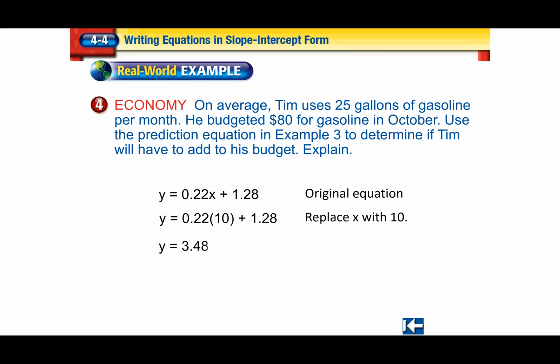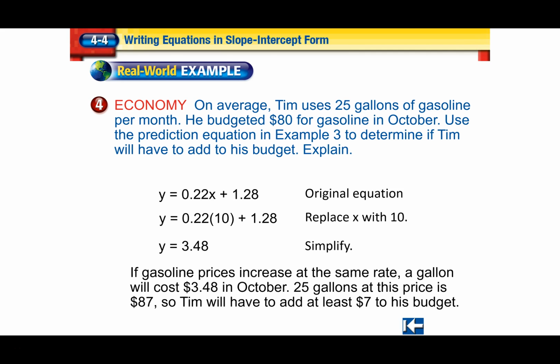So we put 10 in. Simplify that out, so $3.48. So if gas increases at the same rate, a gallon of gas costs $3.48. 25 gallons at this price would be $87, because that's what they wanted to know: is a budget of $80 going to be enough? So no, it is not. He will need to add that to his budget.